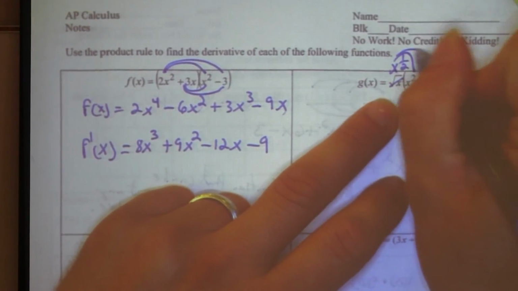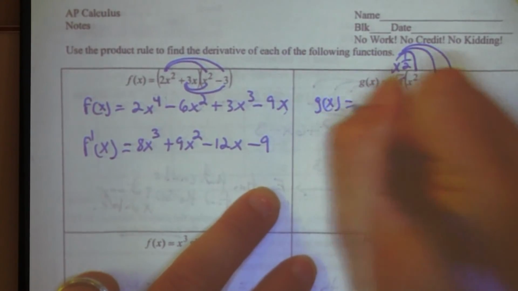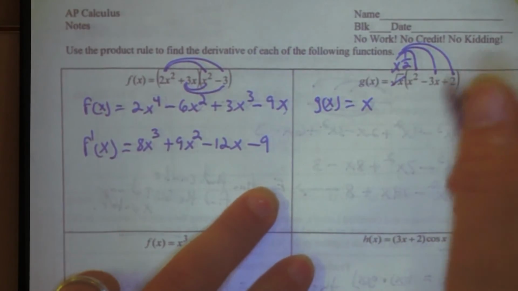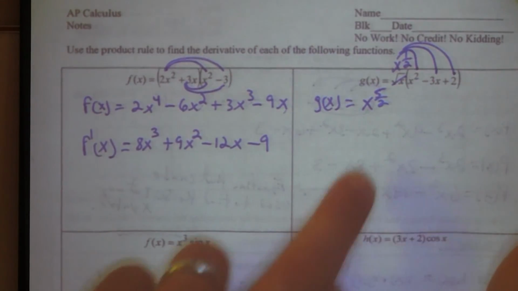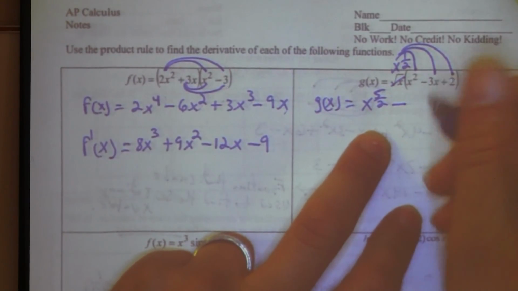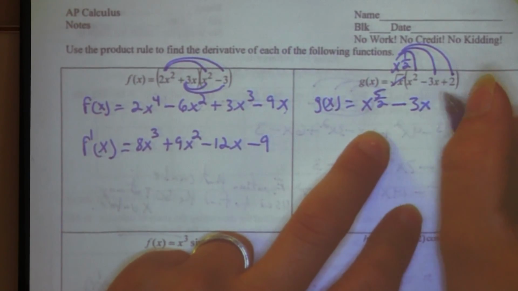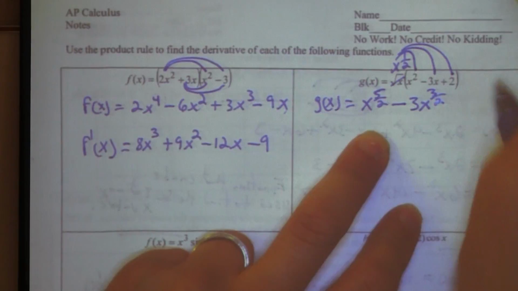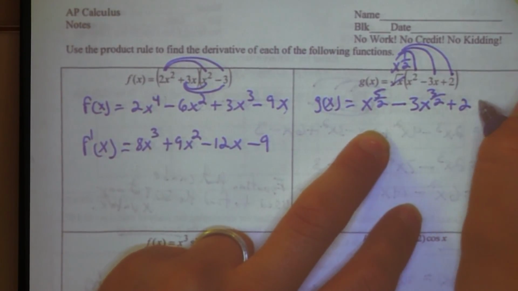So this times this times this, and this times this. So we're gonna end up with what? X to the what? 5 over 2 minus 3x to the, what's 1 plus half? 3 over 2 plus 2 times x.